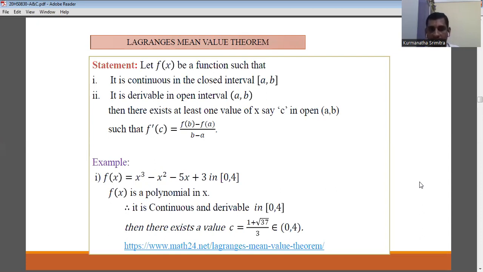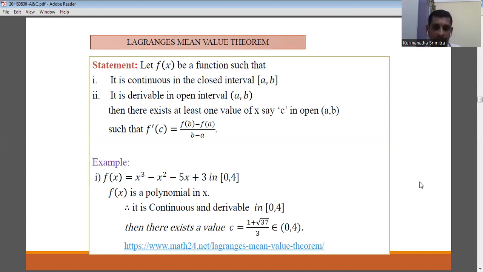All these four functions are continuous and derivable on the set of all real numbers R. So here the polynomial is continuous and derivable on the interval [0, 4]. So it is continuous on the closed interval [0, 4] and also derivable on the open interval (0, 4). So this function satisfies the two conditions of Lagrange's mean value theorem.